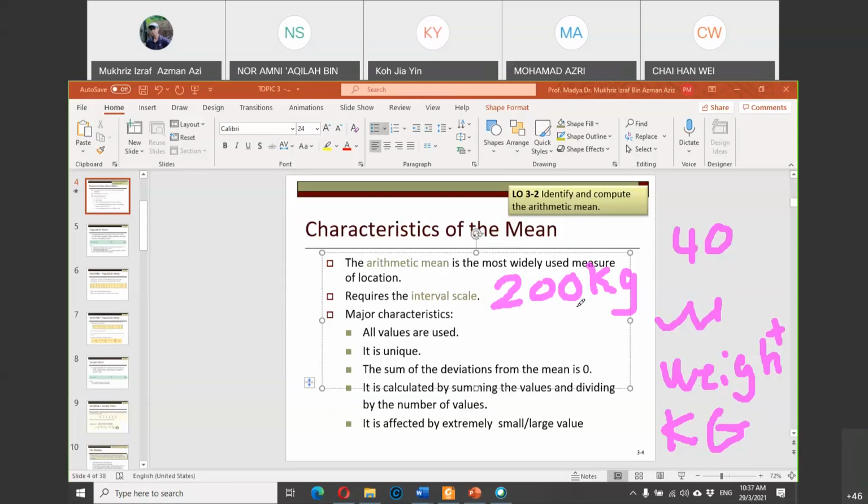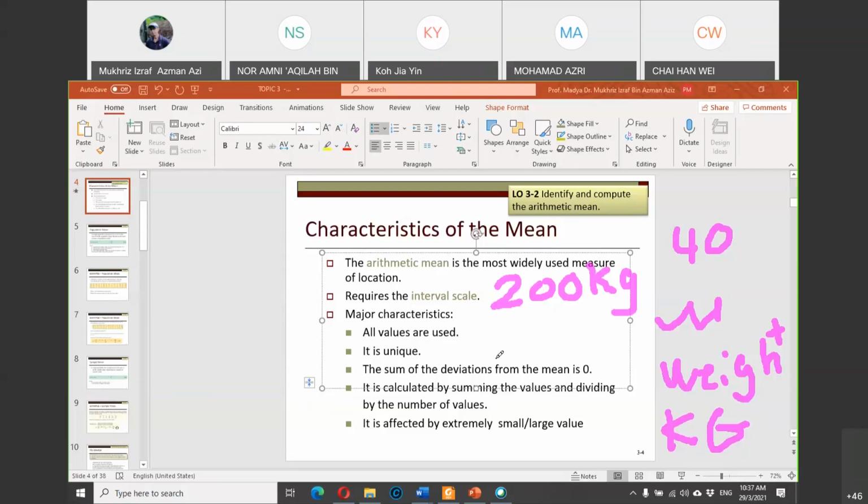This 200 kilogram student will be added into the calculation with the other 39 students in the class, who are usually Malaysian students around the age of 20 to 23. On average, for female students it can be from 45 kilograms to maybe 55 or 60 kilograms, but for male it could be around 70 kg to 80 kg, depending on your height and age, but not 200 kilograms for sure.